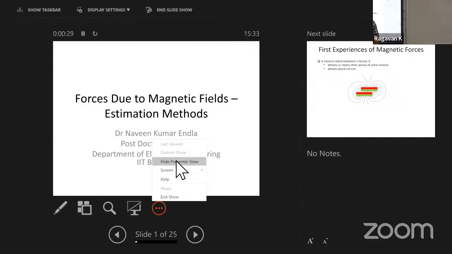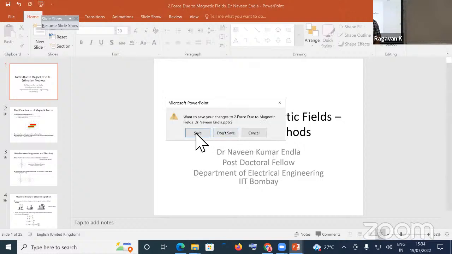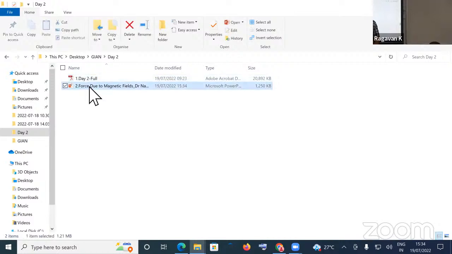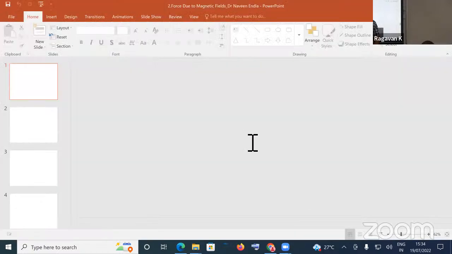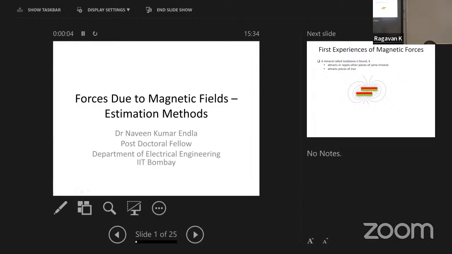What is the height? Okay, it comes next slide.